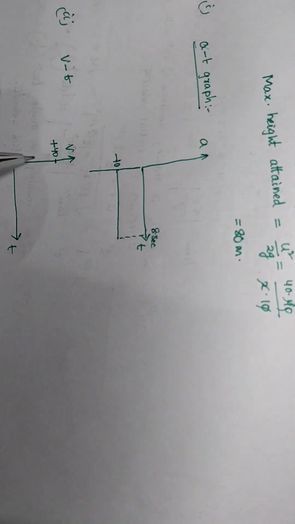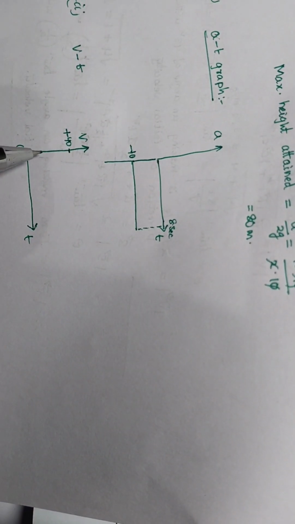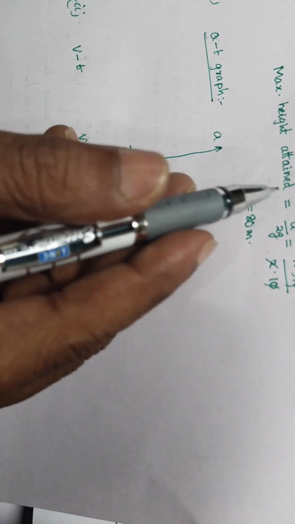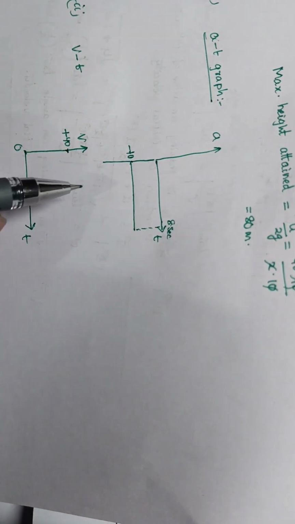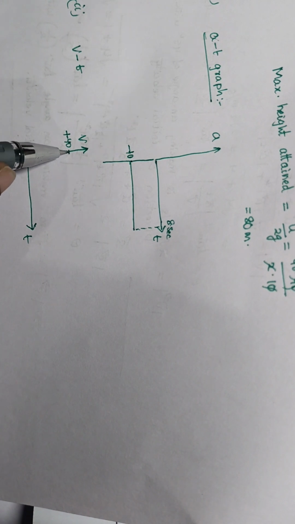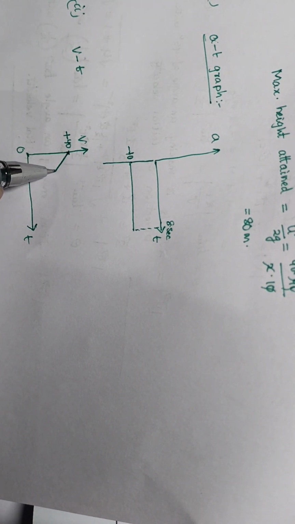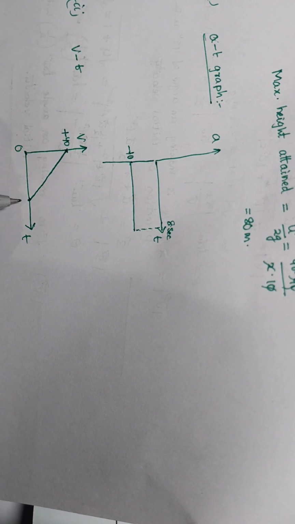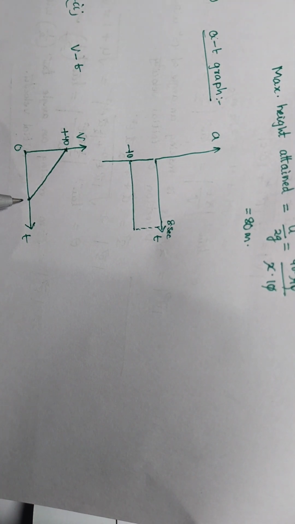To reach the maximum height of 80 meters, the velocity gradually decreases and reaches 0, and then it comes back again to the ground.